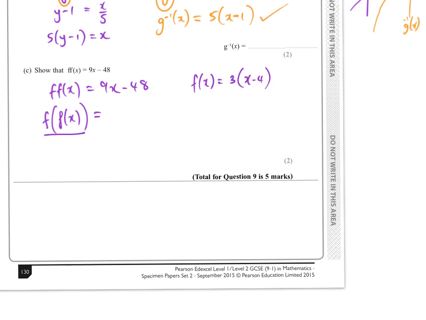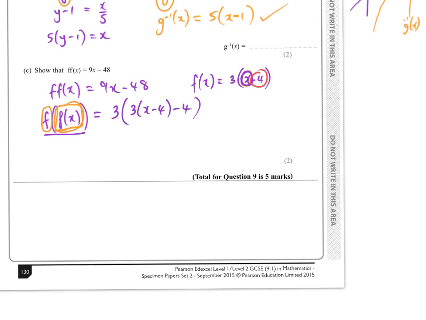And what this means is that the function now takes on the function again. So wherever we see an x, we don't write x, we write the function again. So we'd end up with 3 lots of brackets. Now don't forget, here's an x here, so we just write the function again, and then we take away the 4 from here.